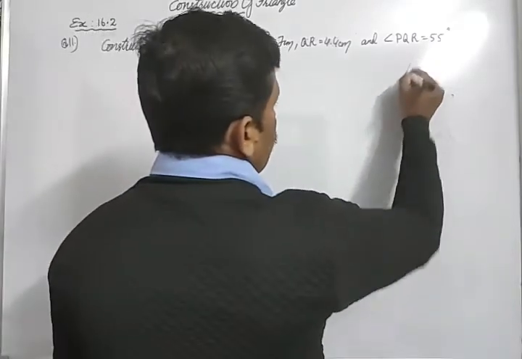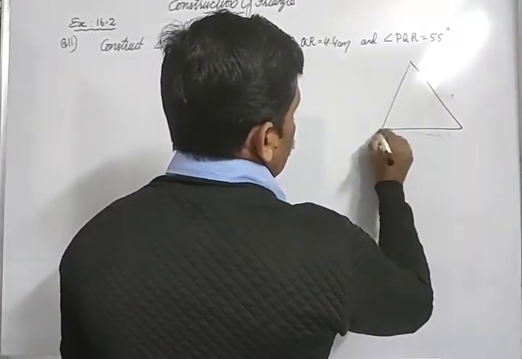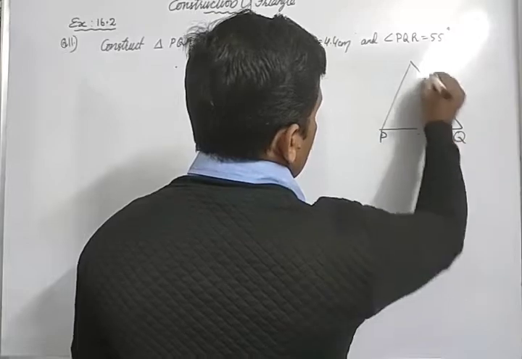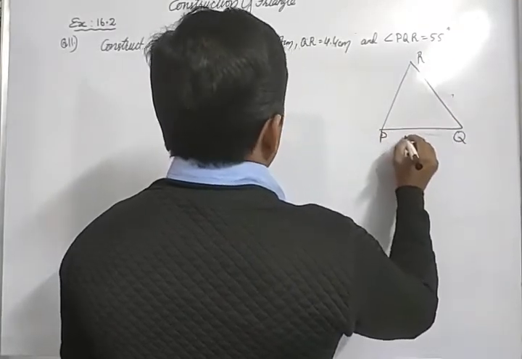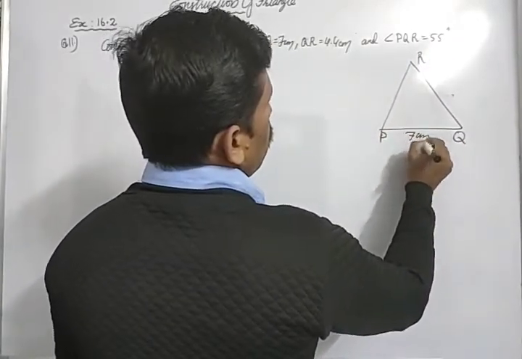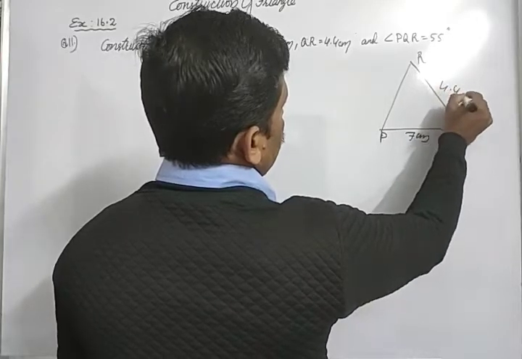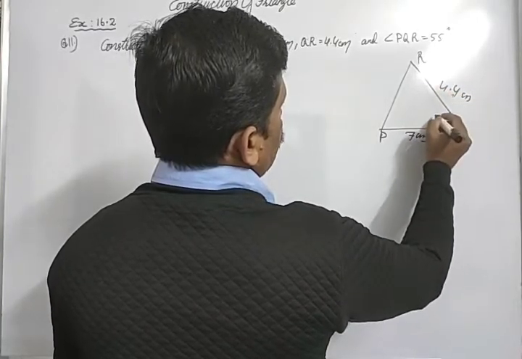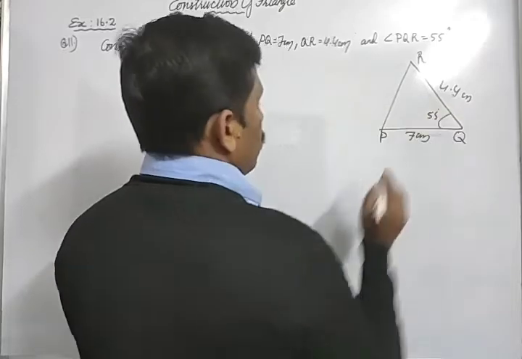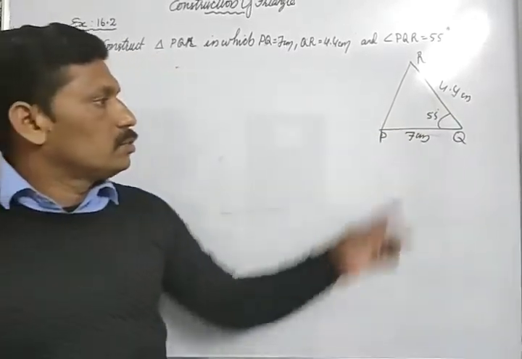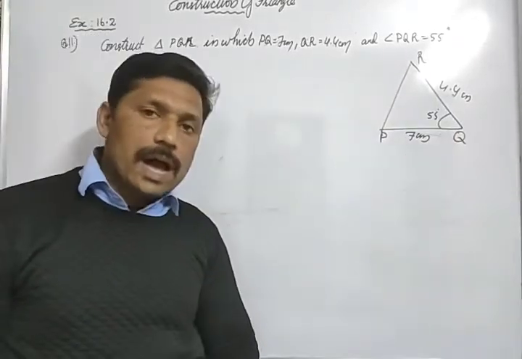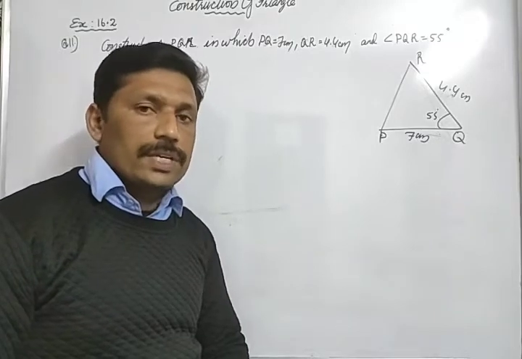Here we draw a rough diagram first, and we write PQR, and PQ that is given 7 centimeter, QR is 4.4 centimeter, and angle Q is 55 degree. So here two sides and one included angle is given. Then how to construct a triangle?